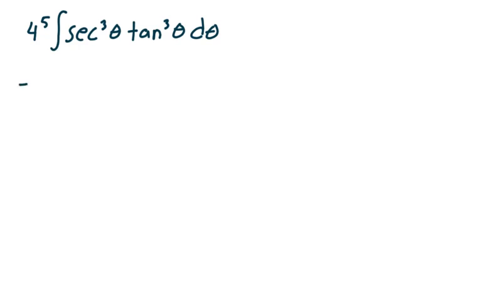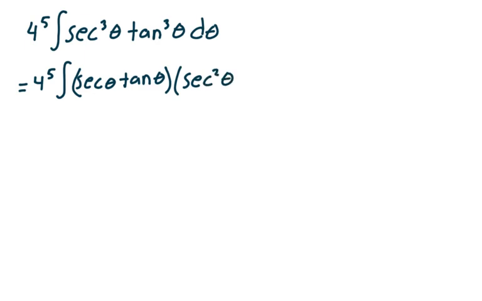So I'm going to take 4 to the 5th, and I'm going to save a secant theta tangent theta. And then I'm going to multiply this by secant squared theta tangent squared theta d theta.